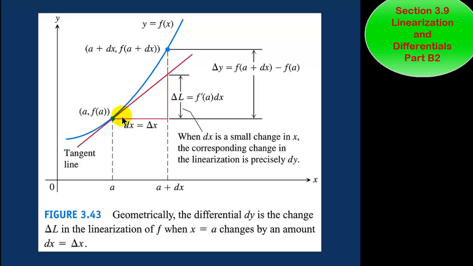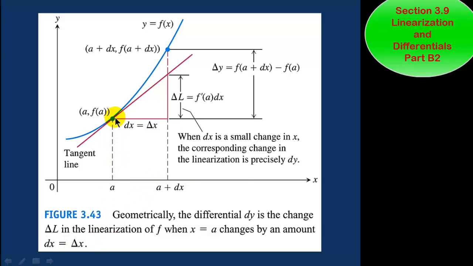Now, geometrically, the differential dy is the change in the linearization of f of x by an amount of delta x. And notice here that the movement from a to a plus delta x is this amount, right? So that's why dx is equal to delta x.